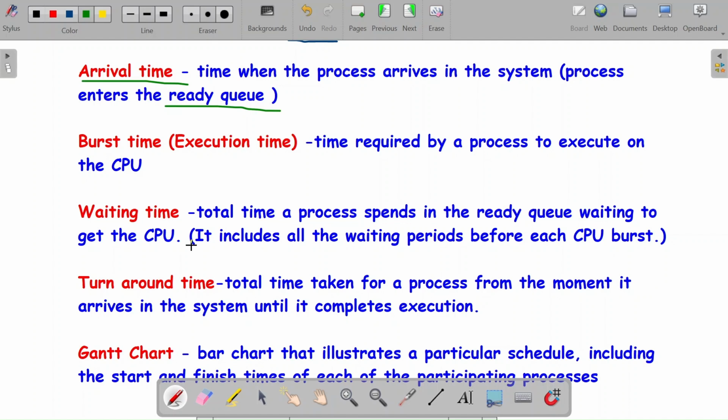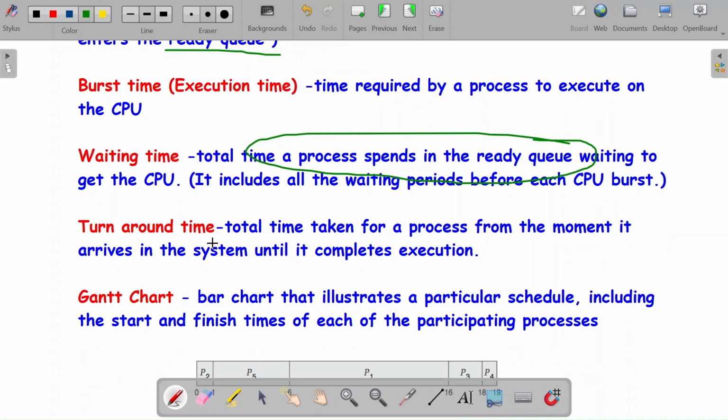So a process may not get a continuous allocation of CPU to complete its job. It may have some waiting time in segments. So I have to include the summation of all the waiting time that it spends in the ready queue. Waiting time means how long the process spends in the ready queue.